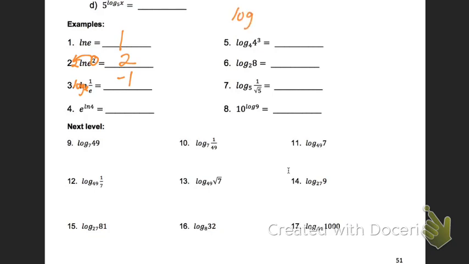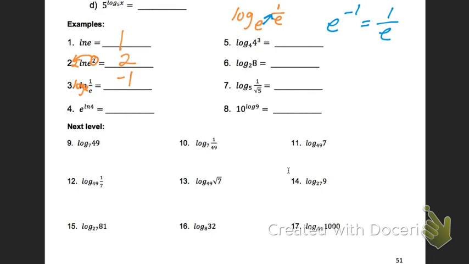I've got log base e of 1 over e. I'm just writing it the other way instead of ln. I think the process is, how do I get from here to here? What exponent do I raise it to? And that's how we got negative 1, because e to the negative 1 equals 1 over e. Okay?